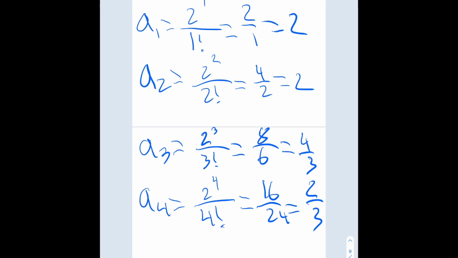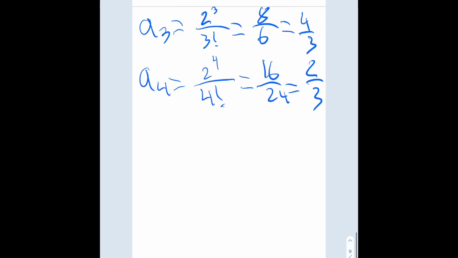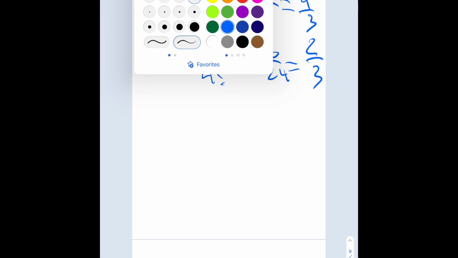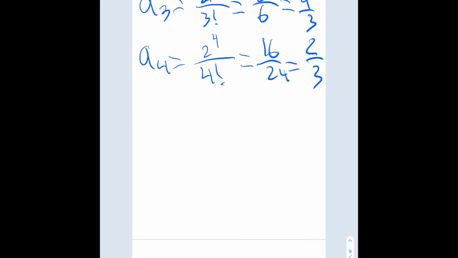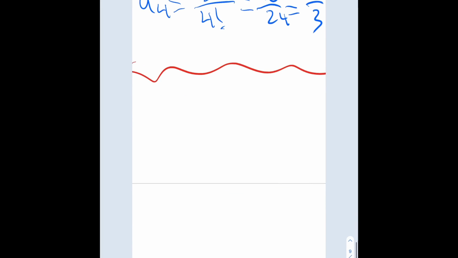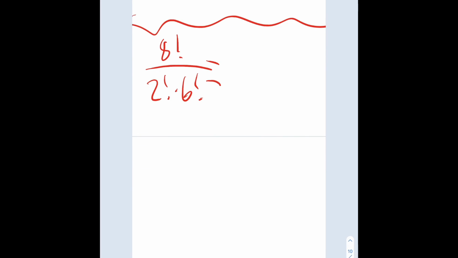All right, and then the last idea with factorials is evaluating them. The thing we need to really think about is how division works. If I look at the example, 8 factorial over 2 factorial times 6 factorial, if I write this out, on the top I have 8 times 7 times 6 times 5 times 4 times 3 times 2 times 1, all over 2 times 1 times 6 times 5 times 4 times 3 times 2 times 1.